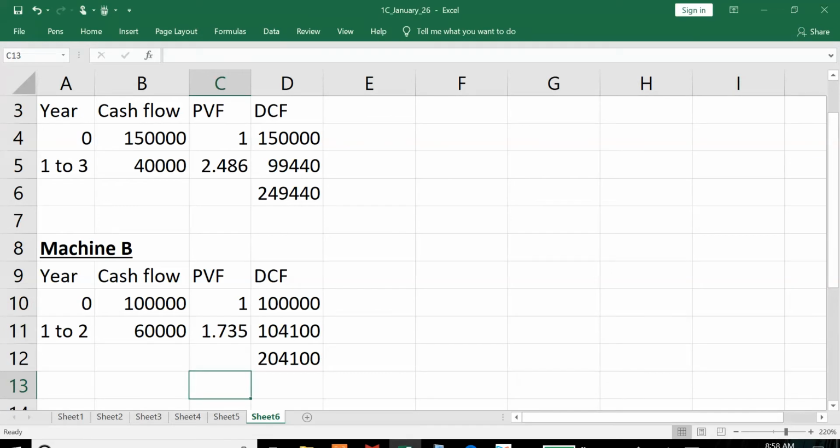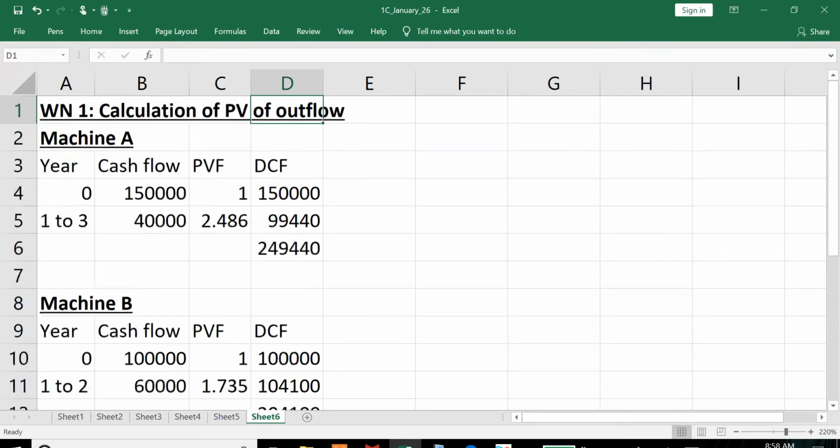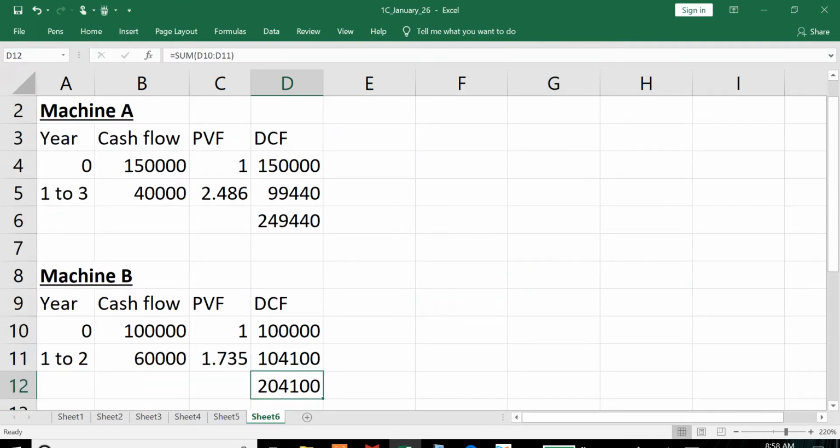First machine 249,440, second machine 204,100. That's the present value of outflow.